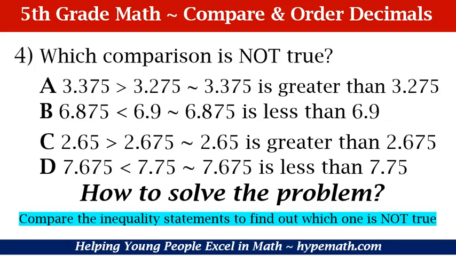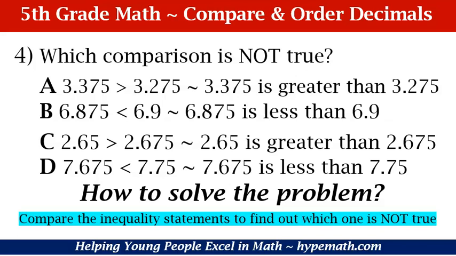B, 6.875 is less than 6.9. Is that true or is that false? C, 2.65 is greater than 2.675. Is that true or is it false? And D, 7.675 is less than 7.75.